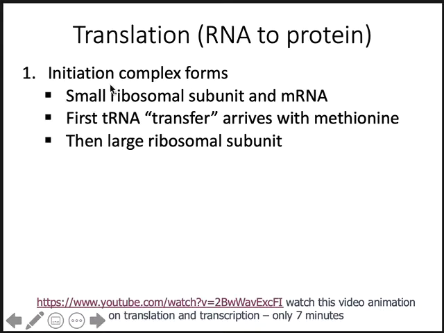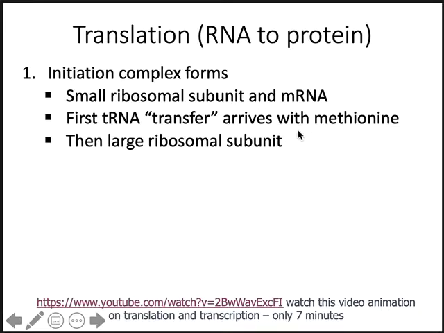So the initiation complex forms, and it forms in this specific order. The small ribosomal subunit will bind with the mRNA transcript. The first tRNA, T for transfer, arrives with the amino acid methionine.